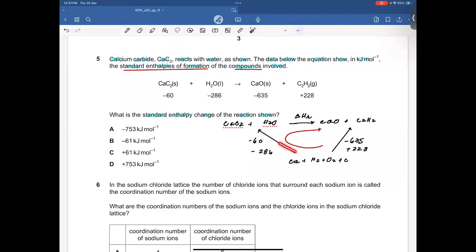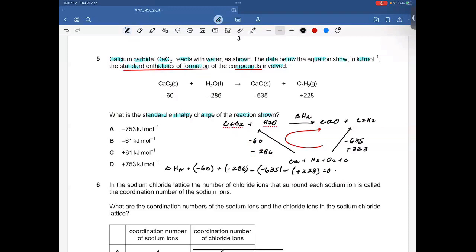Now, these arrows follow the clockwise direction, which means these 3 values are taken as positive, while these 2 are going backward, in the opposite direction, which means we'll consider them as negative. So this must be positive value, plus -60 plus -286. So these 3 values become positive, these 2 values become negative, minus -635 minus +228 equals 0.